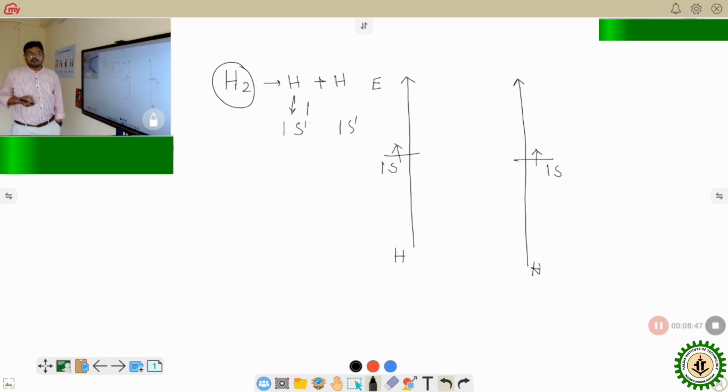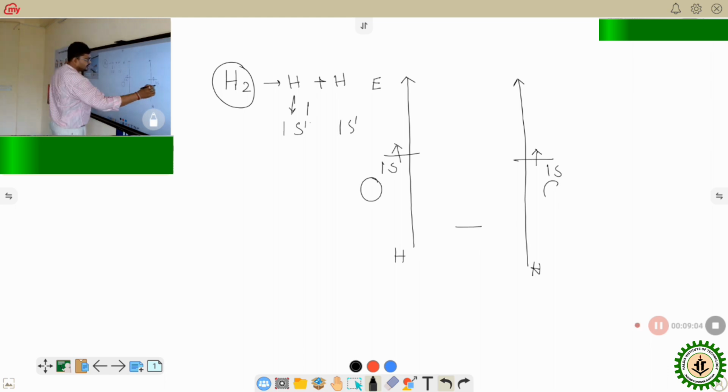And bonding orbital will always have lower energy than the individual atomic orbital. So my bonding orbital will be placed below. That means they are energetically stable. And since this is 1s, which is the s orbital, we know they are spherical in nature. The only possibility of forming the bonding is the head-on overlap.